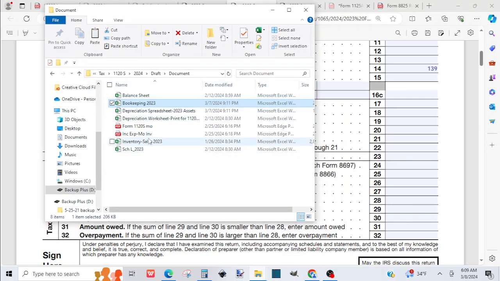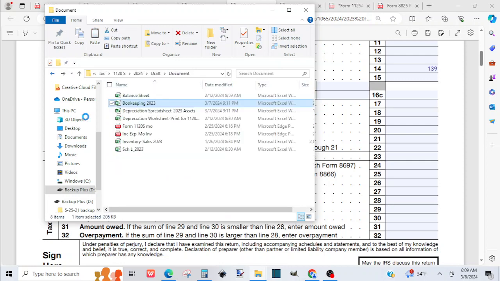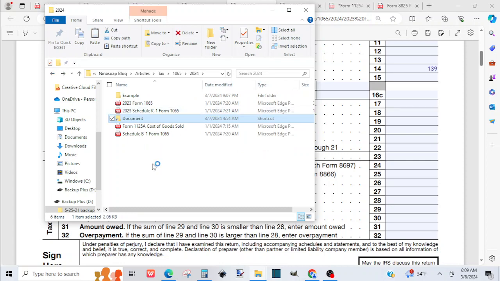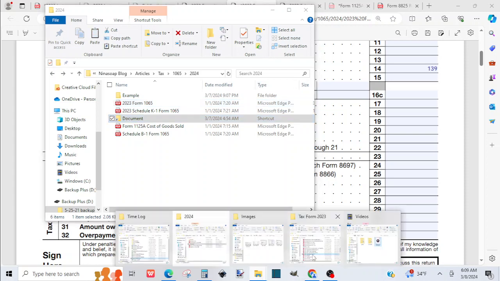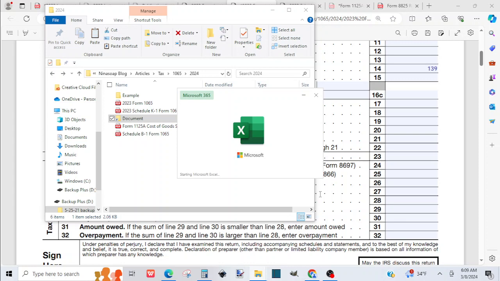So I'm going to open both depreciation worksheets. In this example we placed some assets in service during the year, therefore we need to complete Form 4562.